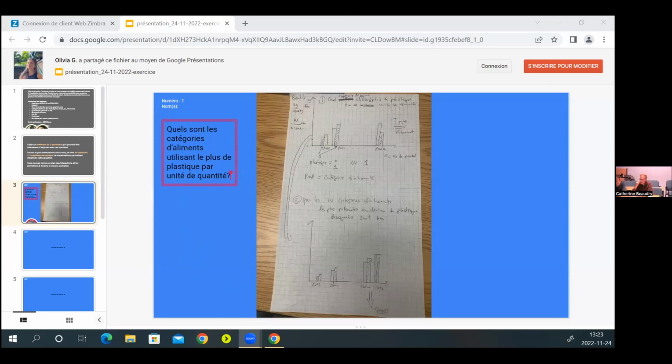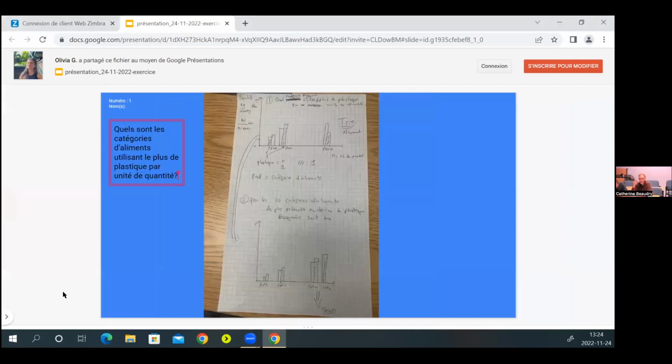So ourselves, we have inventoried 3. We didn't talk about inflation. But the first question is, what category of food uses the most plastics per unit and amount? So what we thought was to bring this back with a histogram, and we had 2 boxes for each one of the types of food.